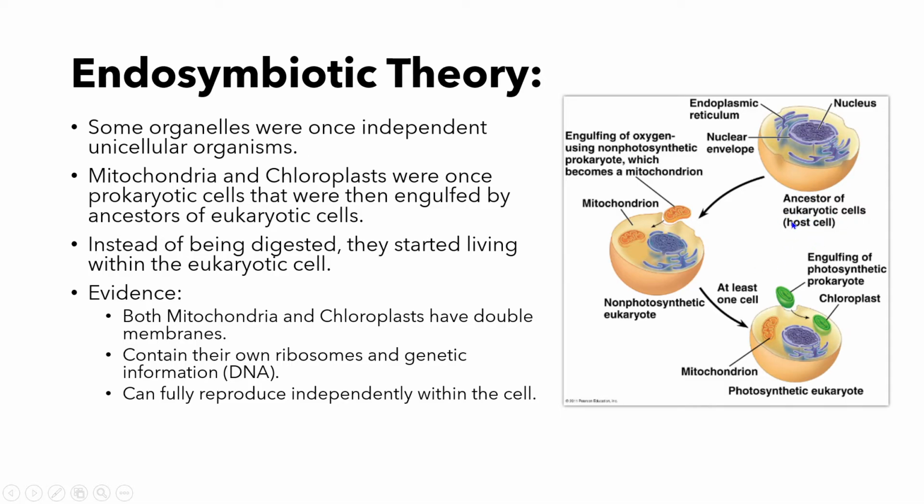Later on, it engulfs another prokaryote, the chloroplast, and that chloroplast again makes a symbiotic relationship, and this eukaryote becomes a plant cell, a photosynthetic eukaryote. The evidence that supports this theory is that both mitochondria and chloroplasts have double membranes.